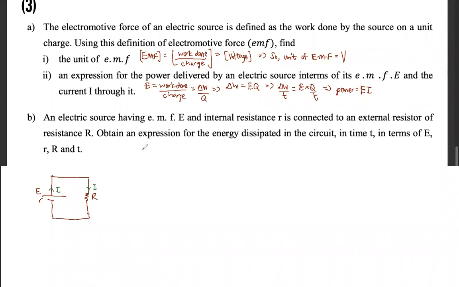So we can say what? We have derived an equation for power. We'll write it this way: the power generated by the battery is equal to the power dissipated in the resistors.